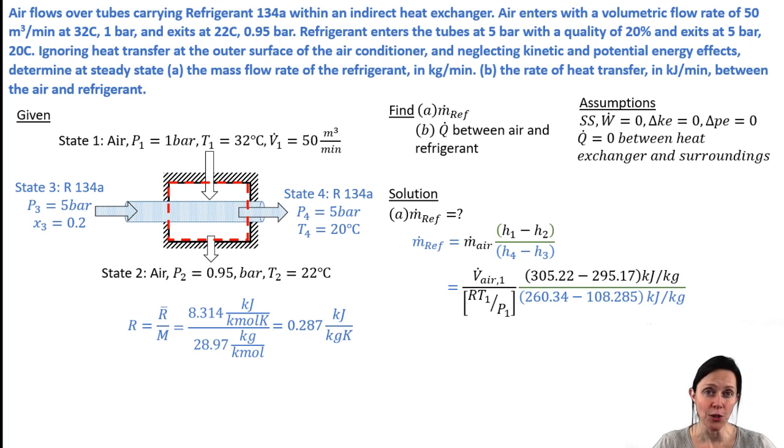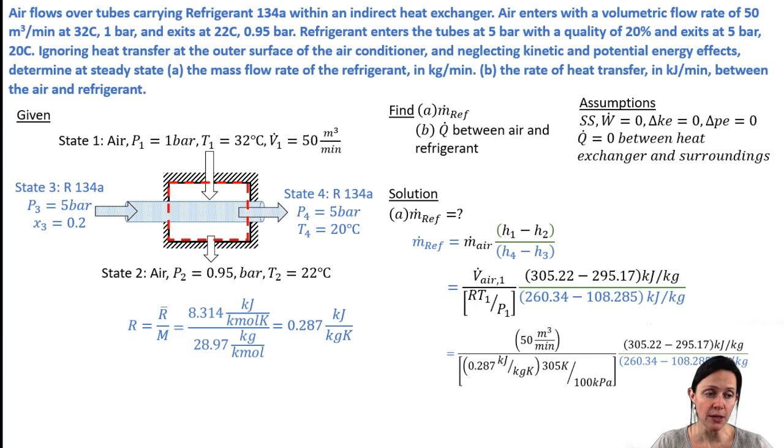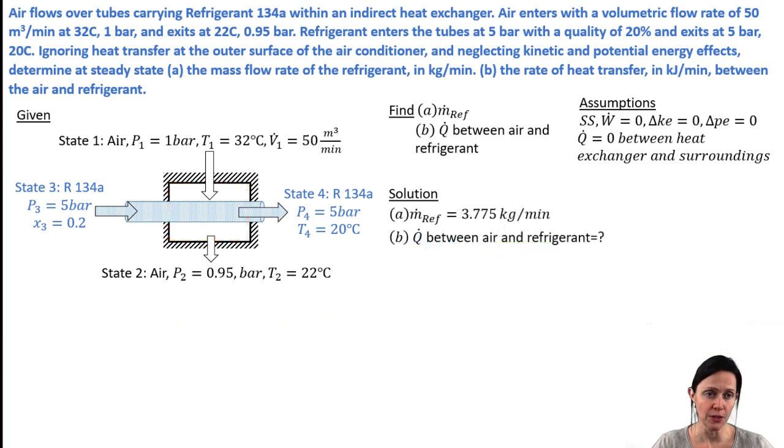And that molar mass you can look up in table A1, and I get 0.287. So when I plug things in, make sure you plug the temperature in as Kelvin. I get 3.775 kilograms per minute. So I probably should put that I assume the air behaves as an ideal gas in my assumptions, but I didn't, but just pretend it's there.